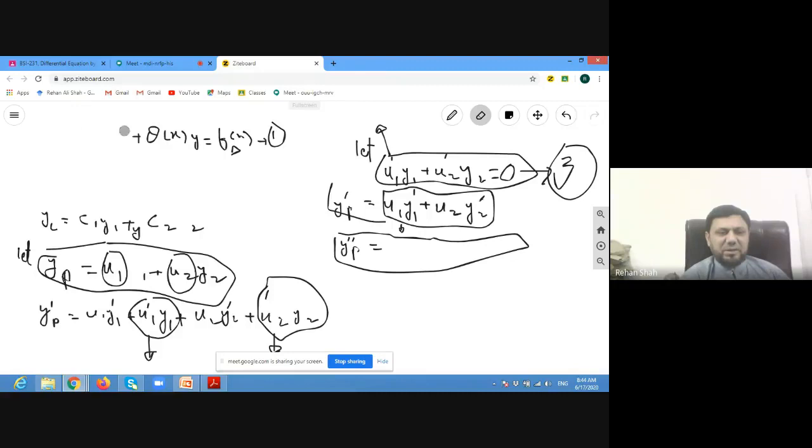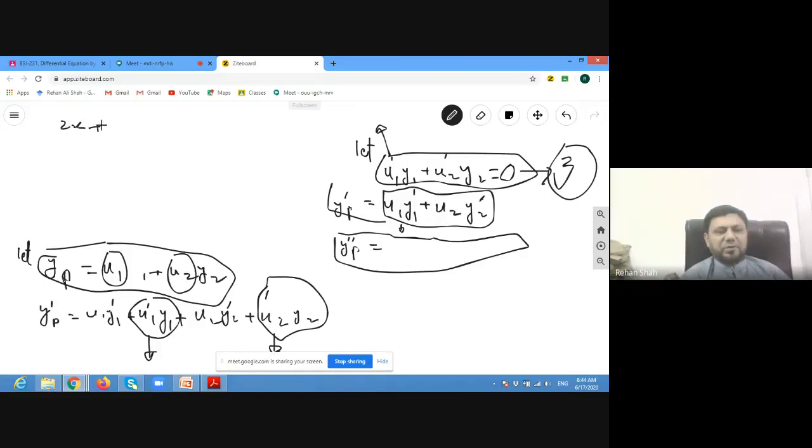It is simple, but I am giving a small reminder. Suppose you have the system 2x plus 3y equal to 1, and the second equation minus x plus y equal to minus 1.